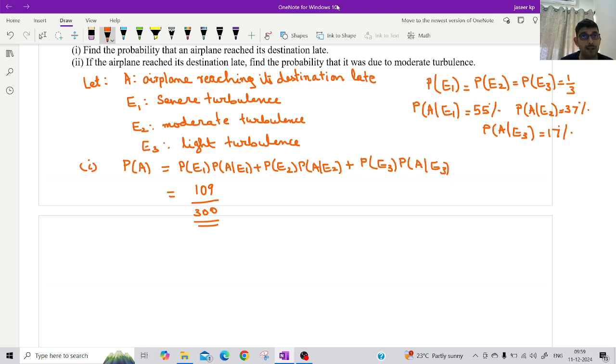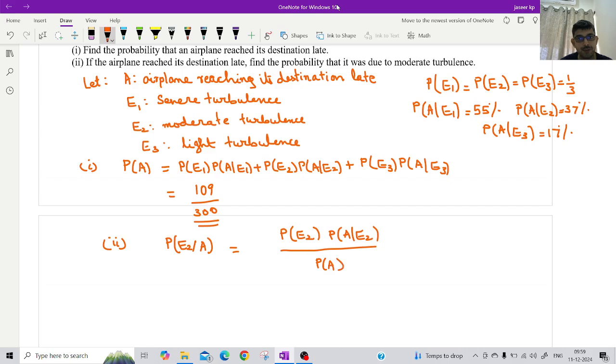Now the second problem: if the airplane reached its destination late, find the probability that it was due to moderate turbulence. Moderate turbulence is E2, so given the airplane reached late, the probability that it is due to E2 uses Bayes theorem. The numerator is the probability of E2 times the probability of A given E2, and the denominator is P of A, which we got in the first part.